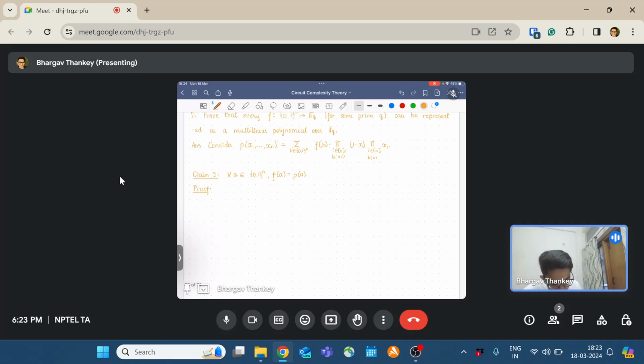Okay, so the crucial observation, I actually made this observation in the previous proof as well, but let me make it over here. Observe that P of a is just f of a times.